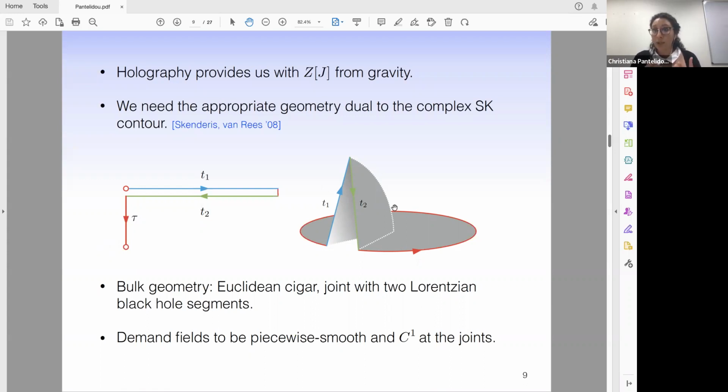So essentially, when you want to do computations that are non-Euclidean, you need to consider your fields, your gravity calculations being done on a geometry like this, instead of the standard Schwarzschild that we usually consider. In this case, the proper thing to do is to consider this geometry that is piecewise. And this will be our starting point for the computation of the retarded 3-point functions of our scalar operator. Okay.